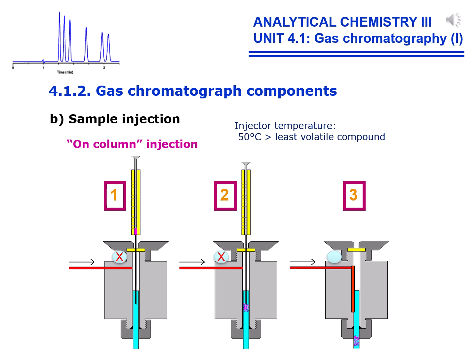As a general rule, the injector temperature is about 50 degrees higher than the boiling point of the least volatile component of the sample. In addition, this type of injection requires a valve system that prevents the carrier gas from passing through the column while injecting, represented in stages 1 and 2 of the slide.